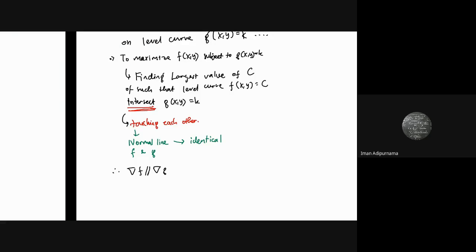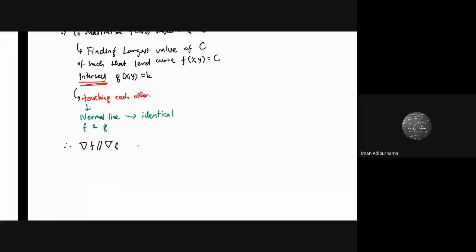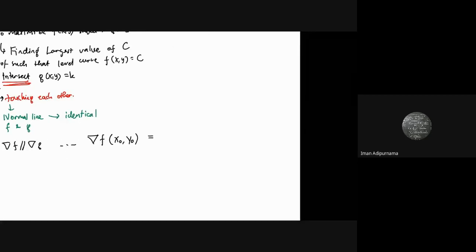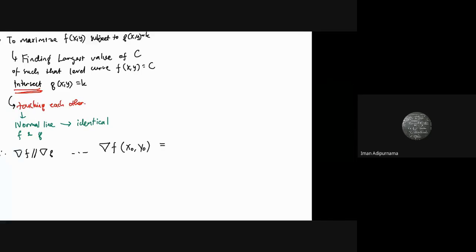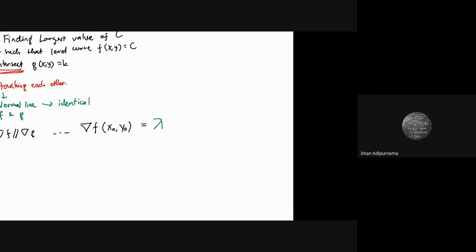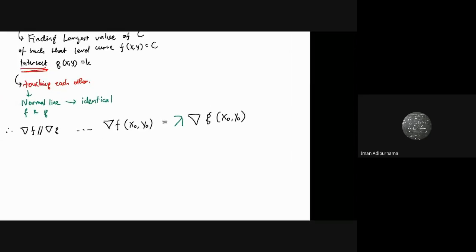And because of this parallel, we can write the gradient vector of f at the point where they touch each other equals some constant lambda times the gradient vector of g. And this is basically the Lagrange multipliers method.